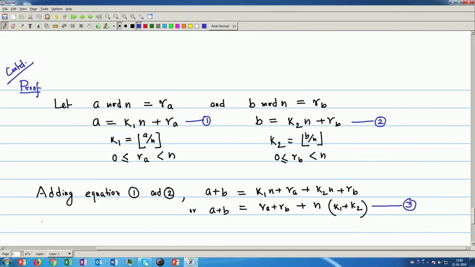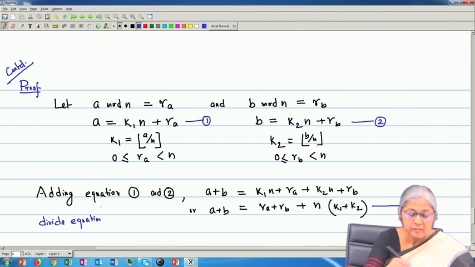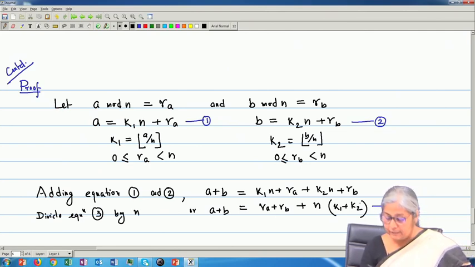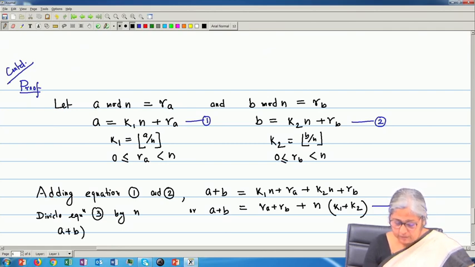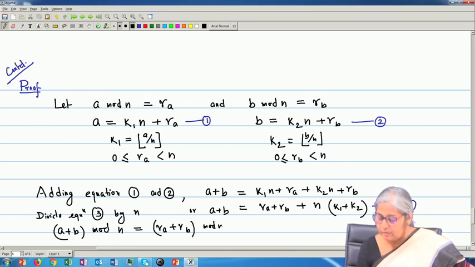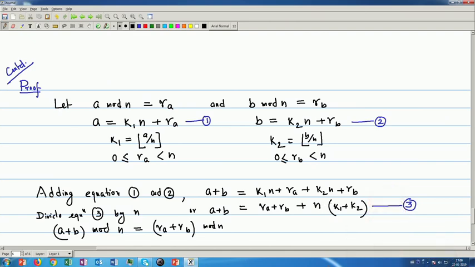If I divide equation 3 by n and take the remainder, then from the left hand side this will be a plus b modulo n, and from the right hand side this will be r_a plus r_b modulo n, because here n into k1 plus k2, when I am dividing by n, there will be no remainder for this part.